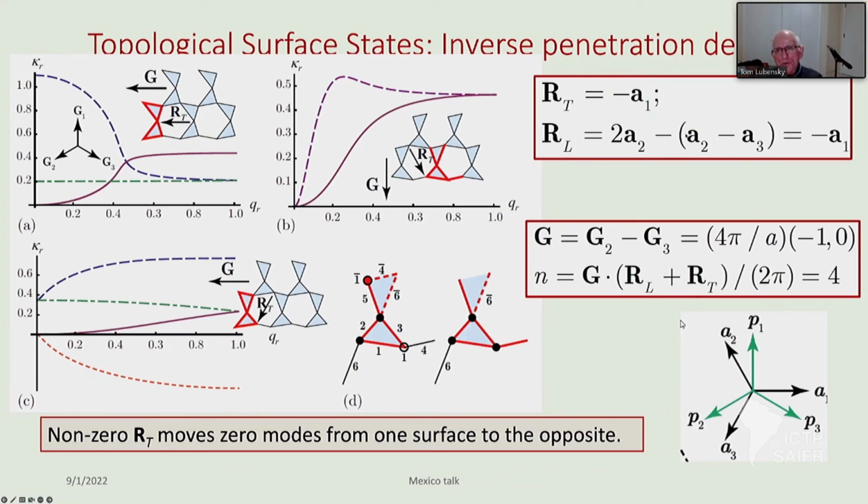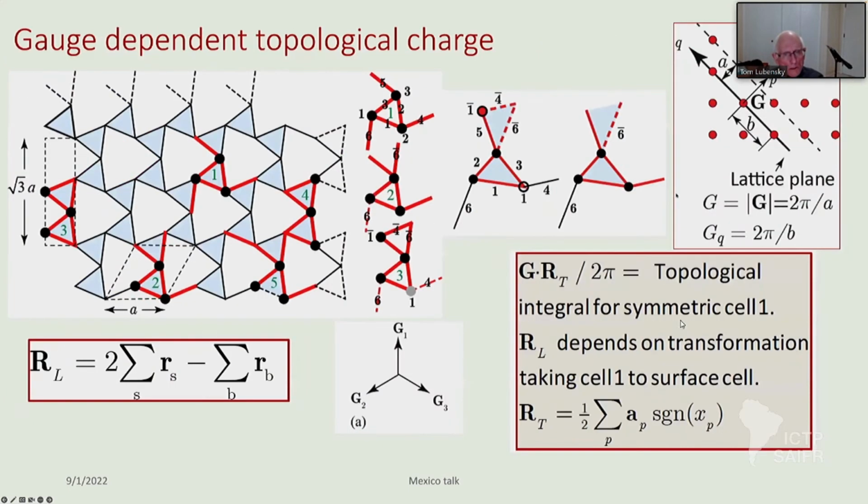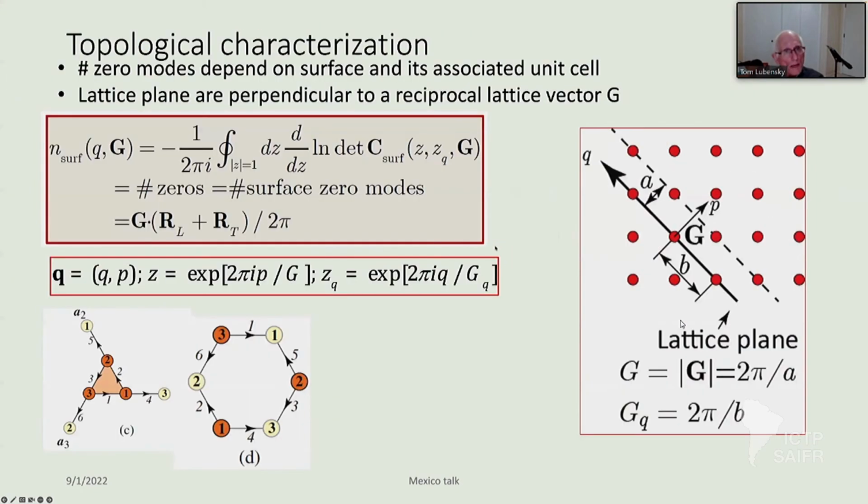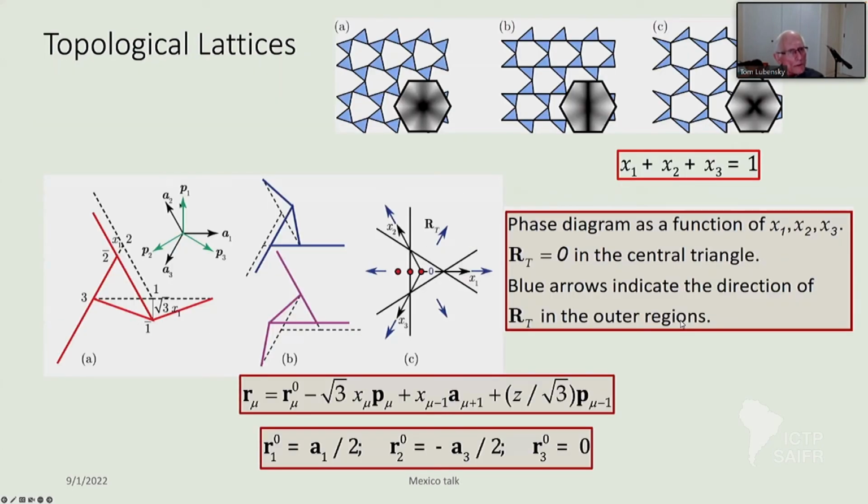So it's A2 minus A2 is A2 plus A3. And A2 plus A3 is... Go back. Yeah. So you can see that A2 plus A3 is minus A1.